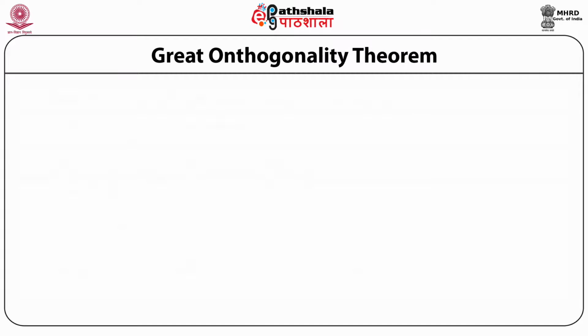Let us now consider the second case, which means the two representations are the same, that is alpha is equal to beta.